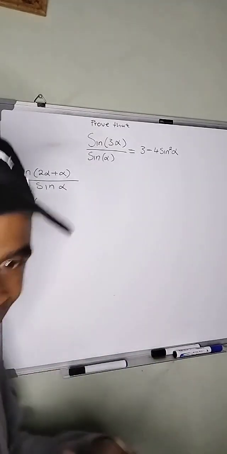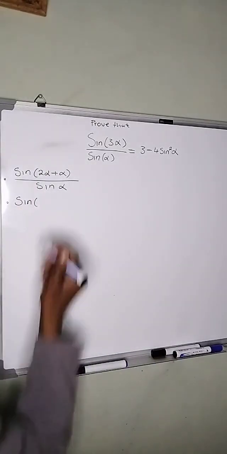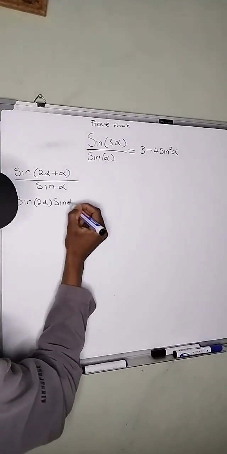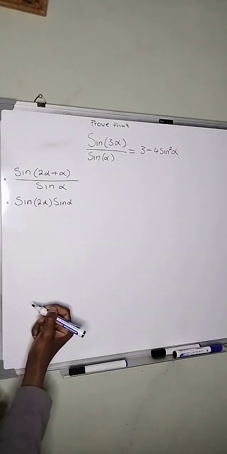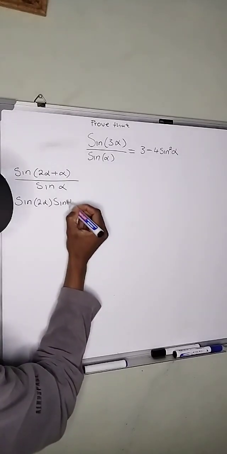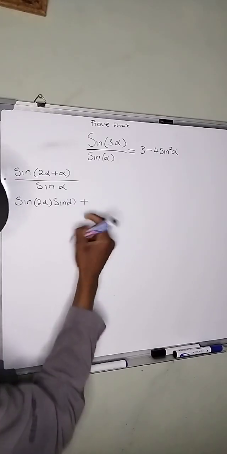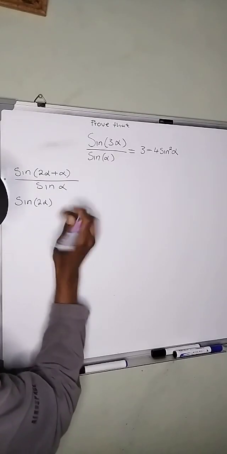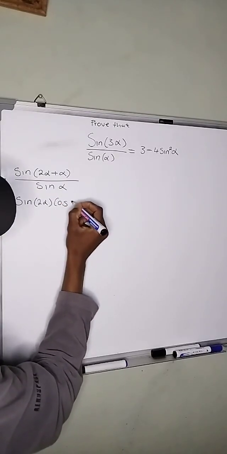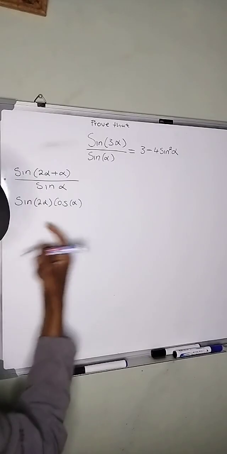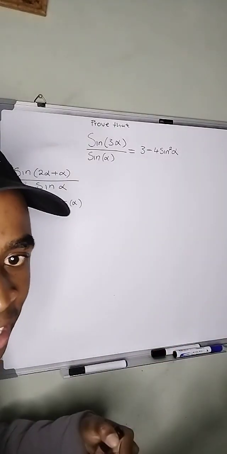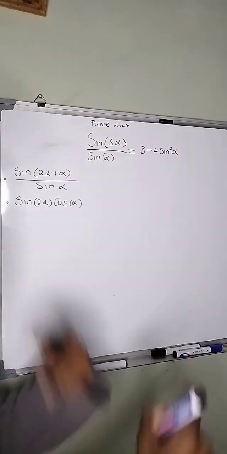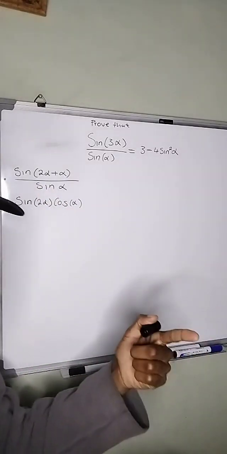Let's engage. So I'm going to change this into sine 2x cos x, right? And it's going to be plus, if here it's plus, obviously yes. Sorry, cos theta. It's sine cos sine, the double angle of the sine, right?